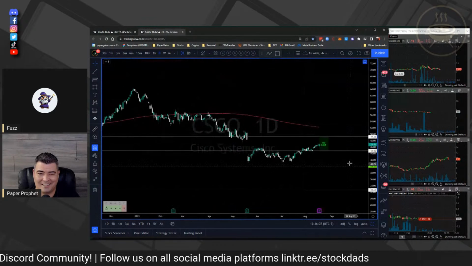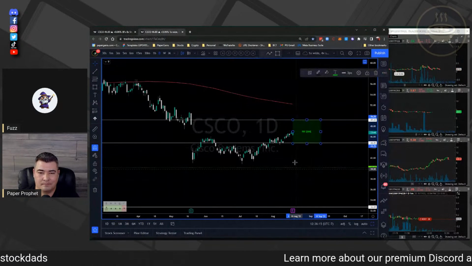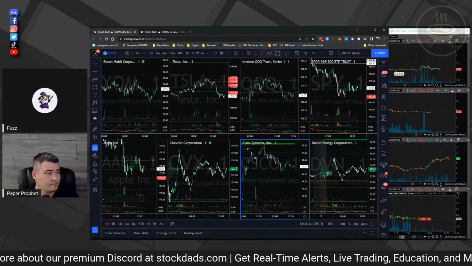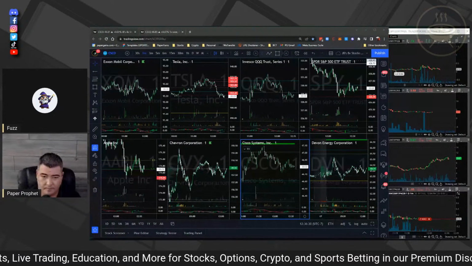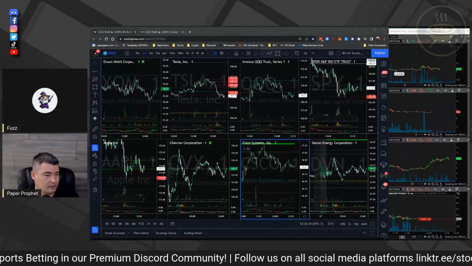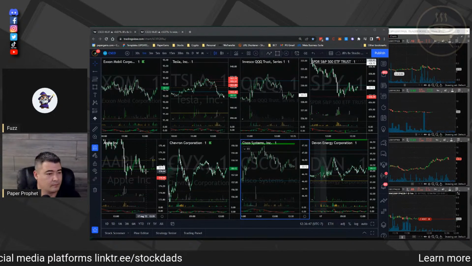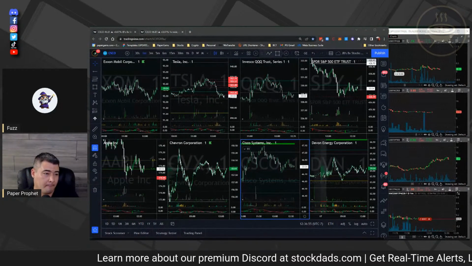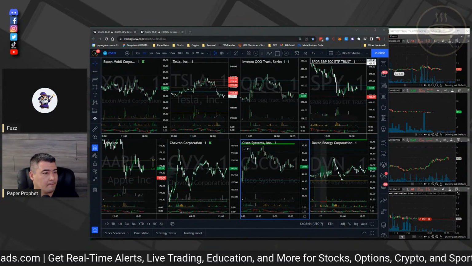Do I like this pay zone? I kind of do, but if it flushes, man, it's just going to go below 44 altogether. Yeah, I like the put side better.